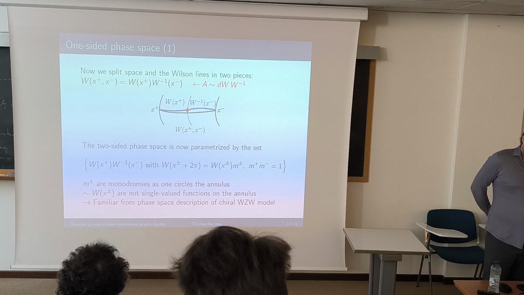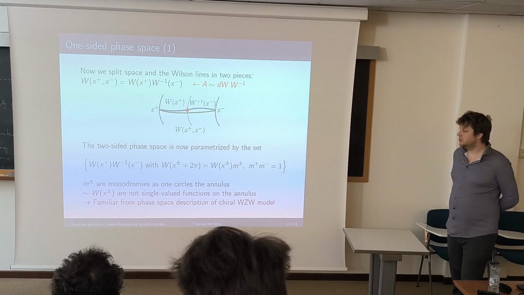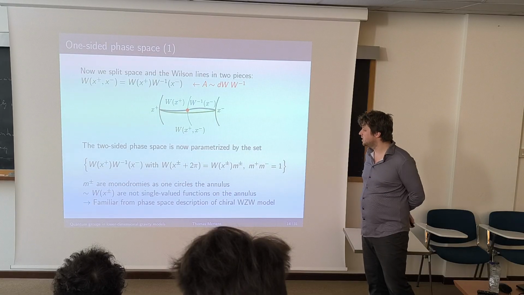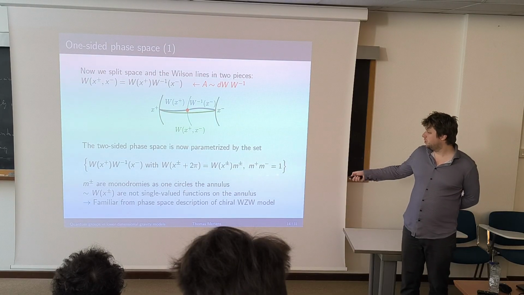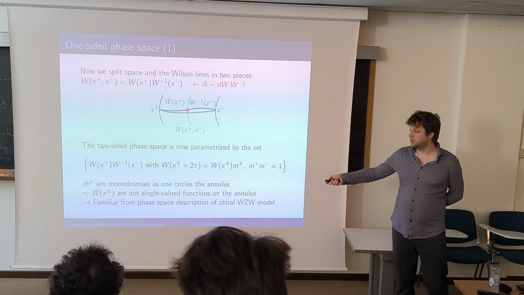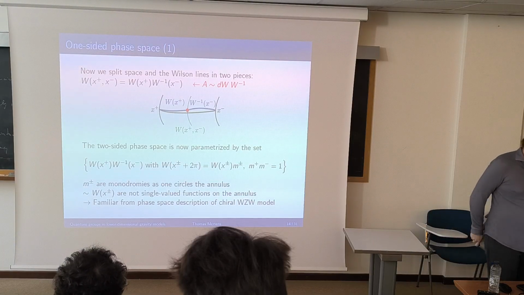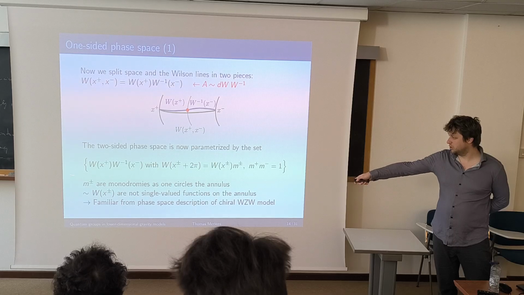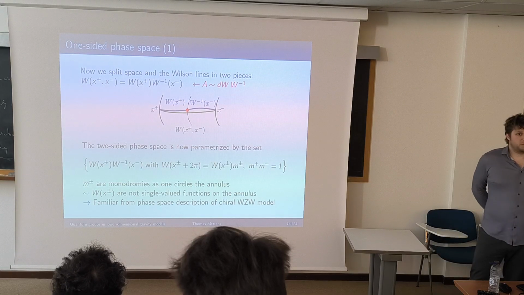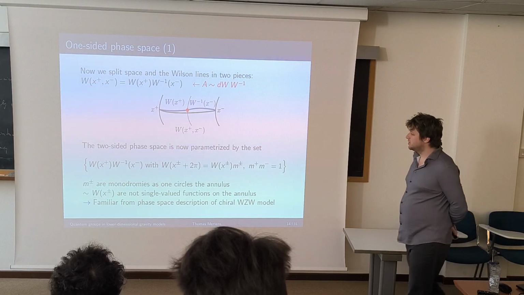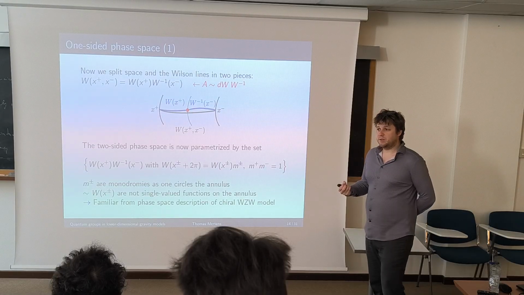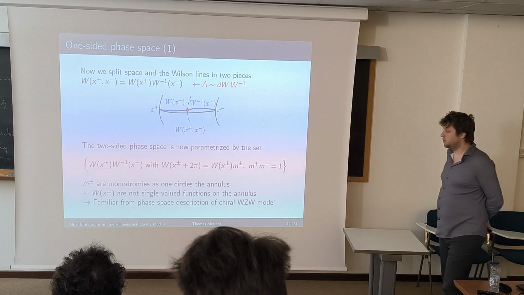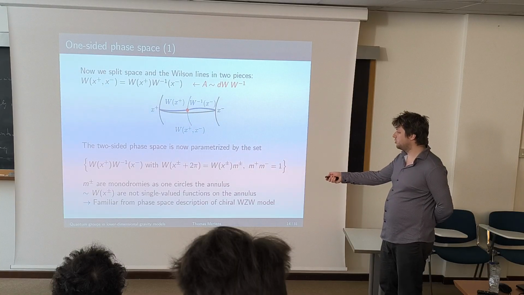Now this full phase space that I had earlier, if I want to describe this in terms of these blue lines, these one-sided Wilson lines, I can parameterize this full phase space in this language, where again this is just a full two-sided Wilson line, but now parameterized in terms of these one-sided Wilson lines. But if I do that, if I use these one-sided Wilson lines, I have to allow for an extra degree of freedom, which is this monodromy that appears here.